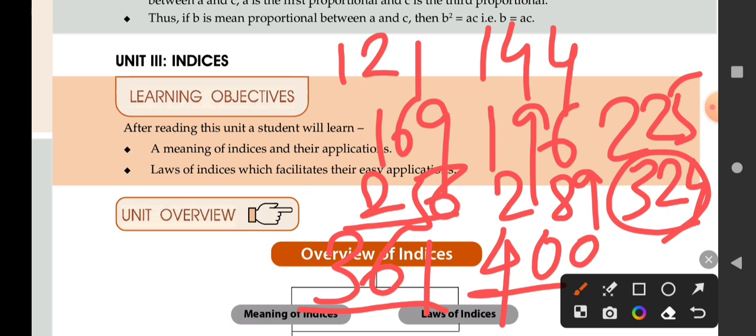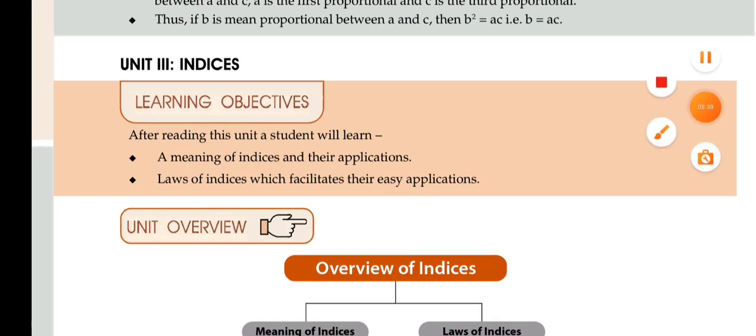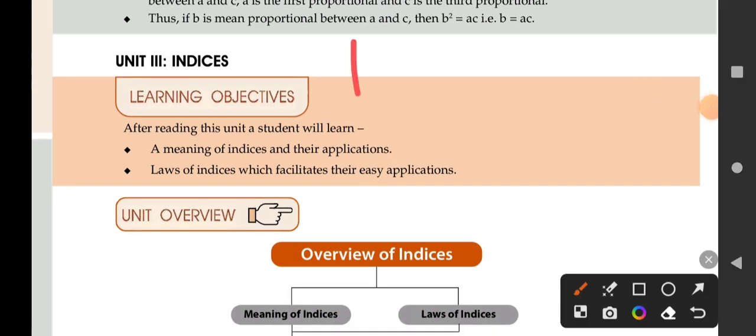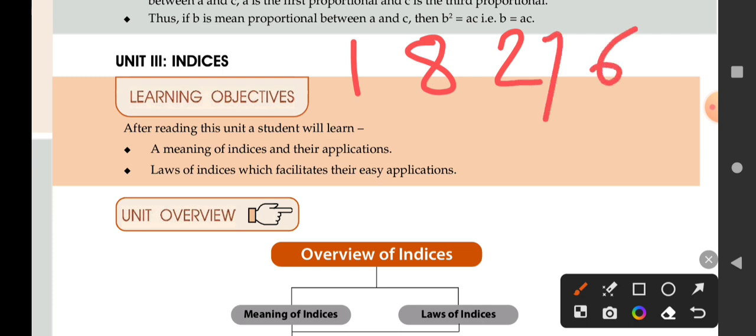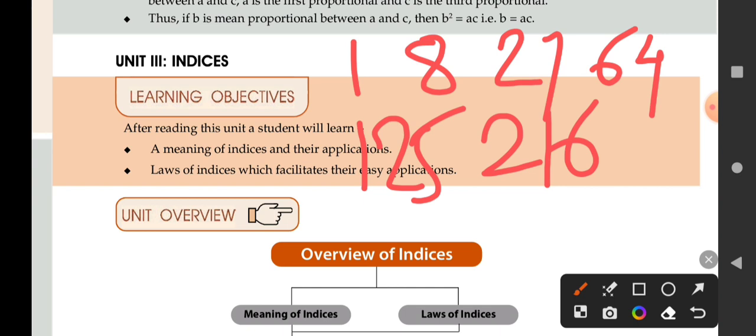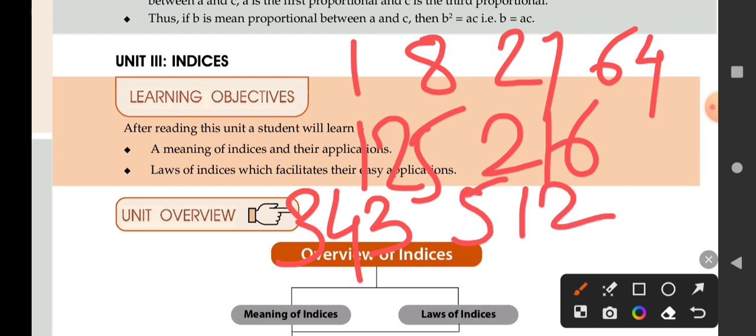Learning squares and cubes will improve your common sense as well. Okay, cubes. 1 cube 1, 2 cube 8, 3 cube 27, 4 cube 64, 5 cube 125, 6 cube 216, 7 cube 343, 8 cube 512, 9 cube 729, and 10 cube 1000.